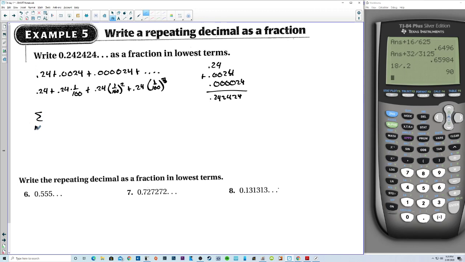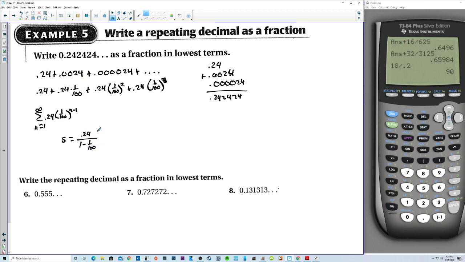So we could do this. n equals 1 to infinity of 0.24. That'd be a sub 1. And then 1 over 100 to the n minus 1. So the sum is equal to, now we're going to write this decimal as a fraction, 0.24 over 1 minus 1 over 100.